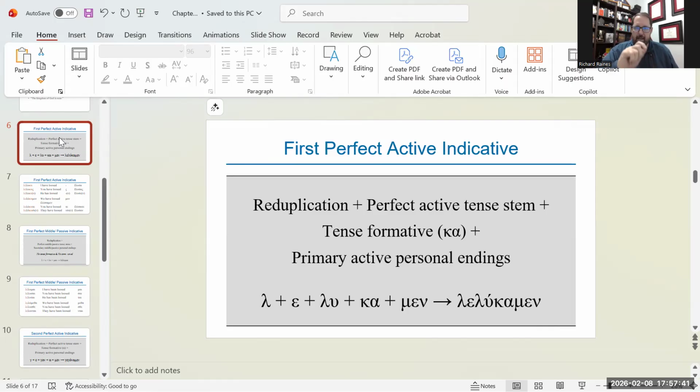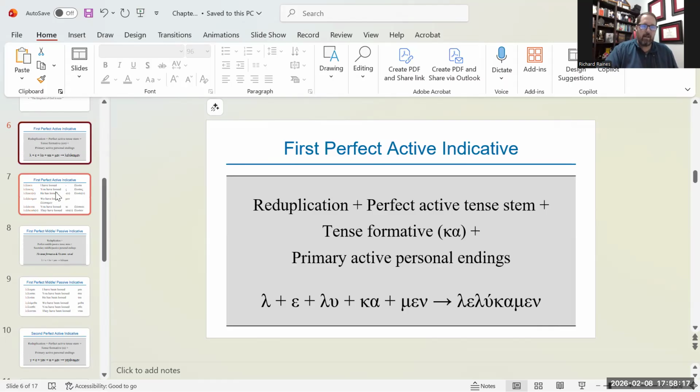And it is that reduplication that's going to clue you into the fact that you're dealing with a perfect tense, in the same way that the augment, you look for the augment in some of the other tenses that you've studied, right? So the first perfect active indicative, you've got the reduplication plus the perfect active tense stem, the tense formative, which is the kappa alpha, and then your personal ending.